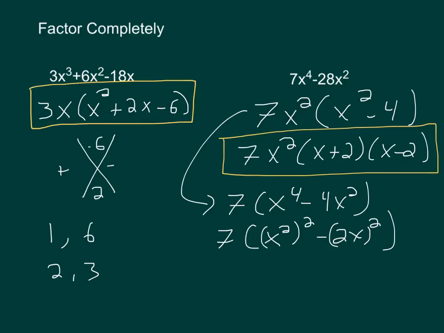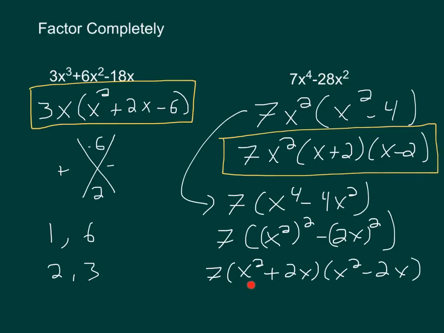Once again, that's a difference of squares. That would be 7 times x squared minus 2x, or plus 2x, and then x squared minus 2x.